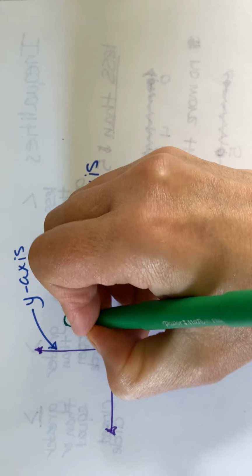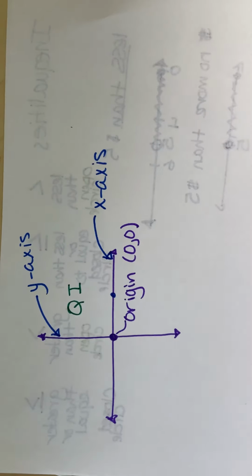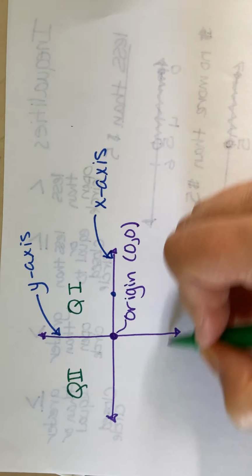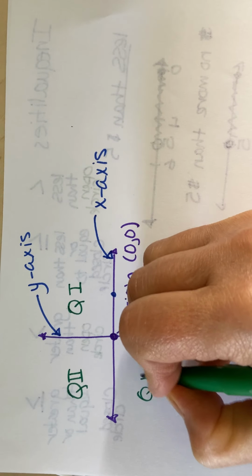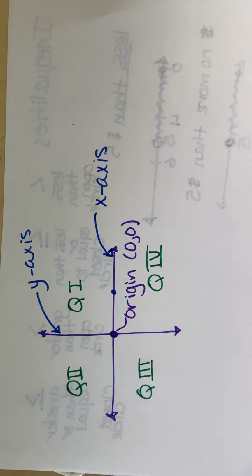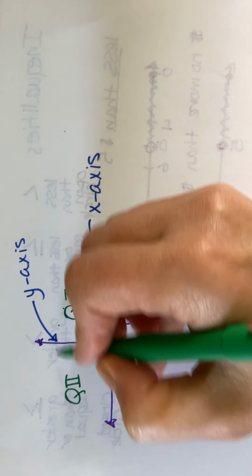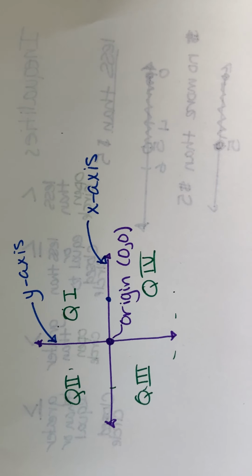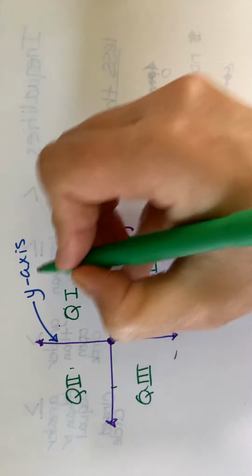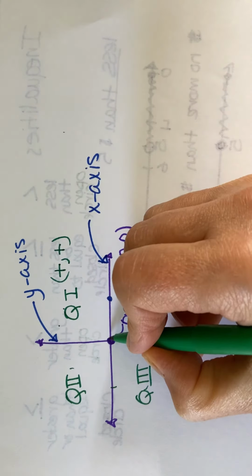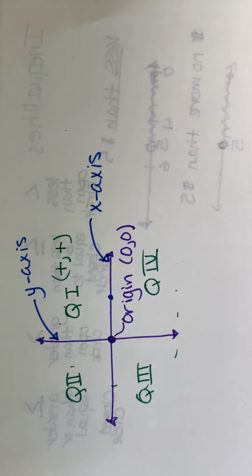So this is quadrant 1, remember we use Roman numerals. This is quadrant 2, it goes like a C. Quadrant 3, quadrant 4, okay? Think coordinate, it literally makes a C. In quadrant 1, your x is always positive and your y is always positive because you have to go to the right and up.